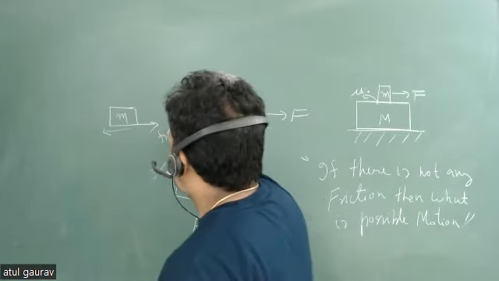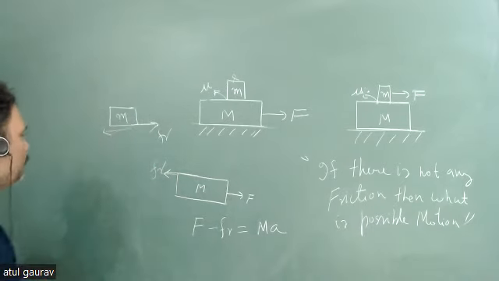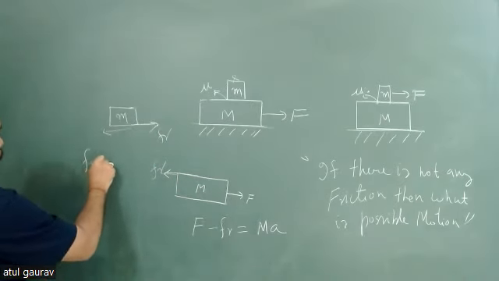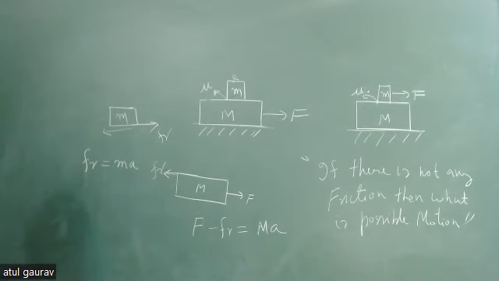ओके। So this is your frictional force, and this frictional force is producing the same acceleration. Isn't it? And what will be frictional force? Mu into N. And what is N?